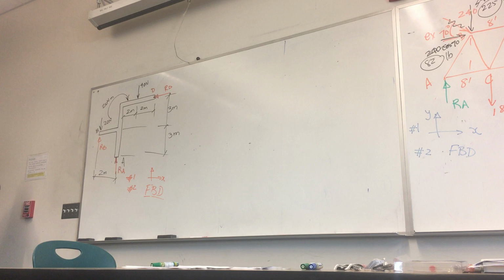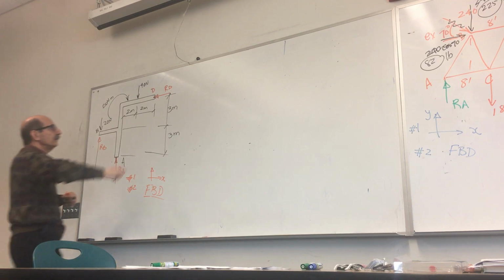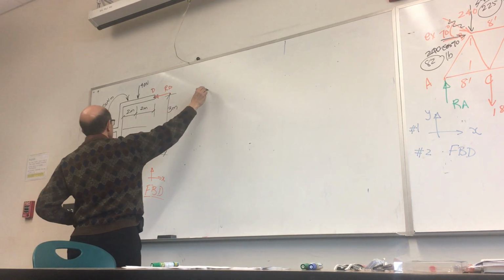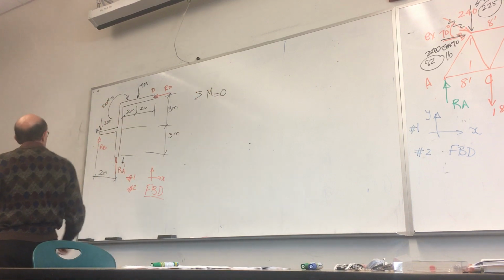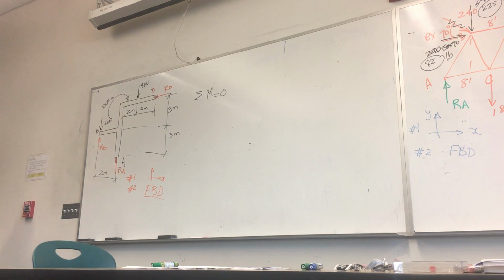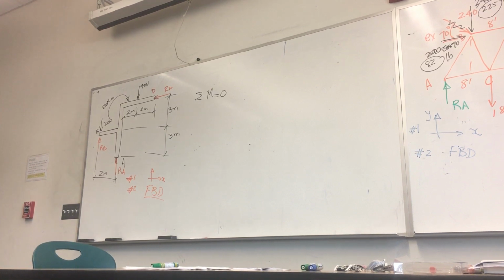I will just tell you the first part of step 3, so you can do the rest. If I write summation of moments equal to 0, I just want to start with that, okay? Although in this problem you don't have to, I intentionally am doing that.